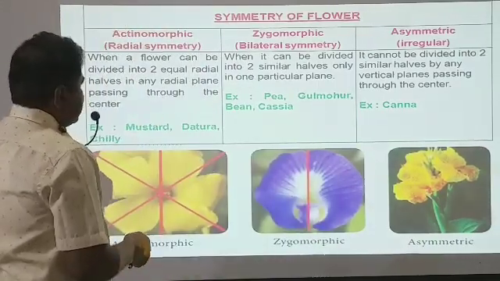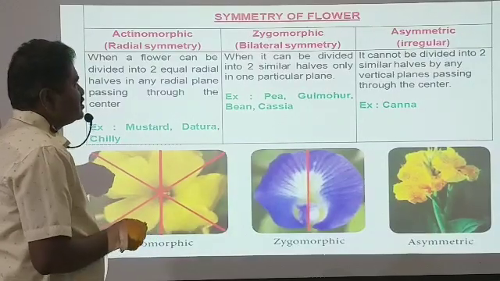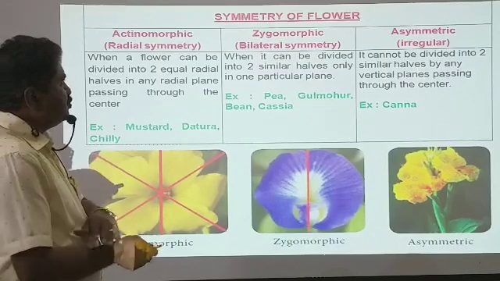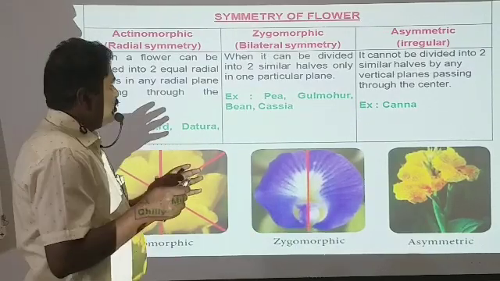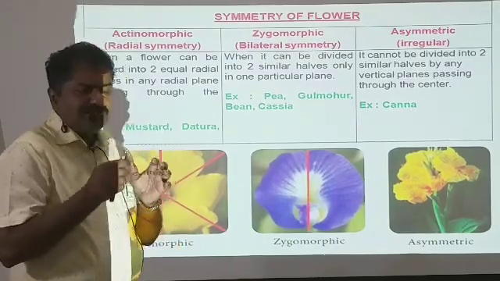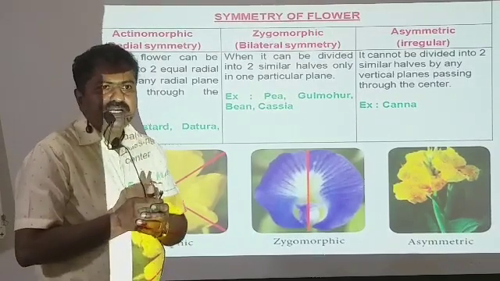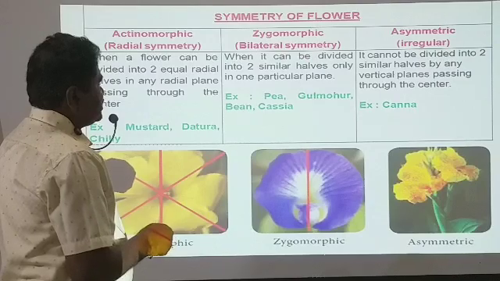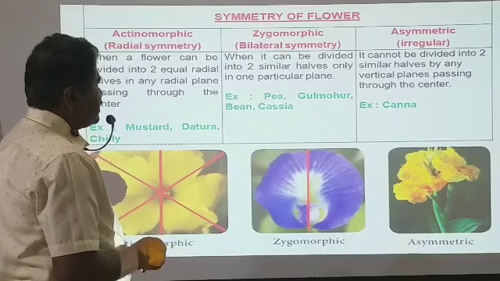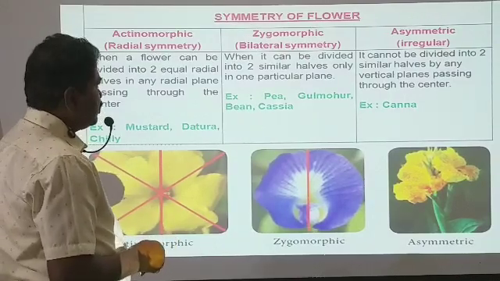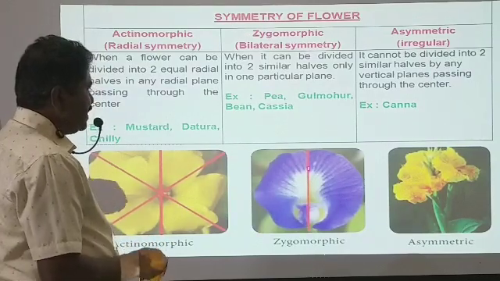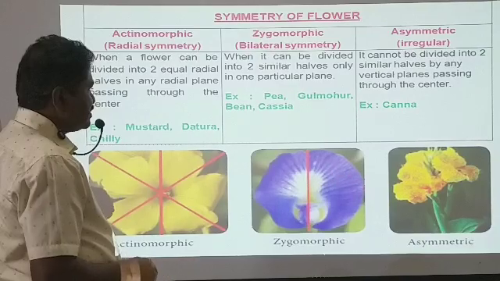Whereas the zygomorphic flower has bilateral symmetry. It can be divided into two similar halves only in one particular plane. That is the bilateral symmetry. Examples are pea, gulmohar, bean and cassia. Only in one plane it gives one half and another half.